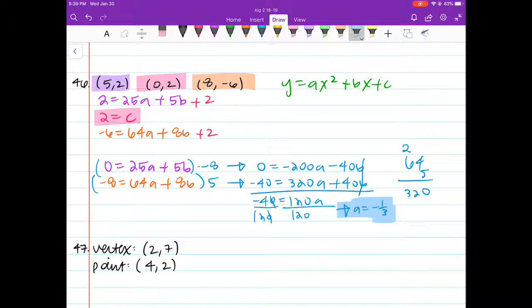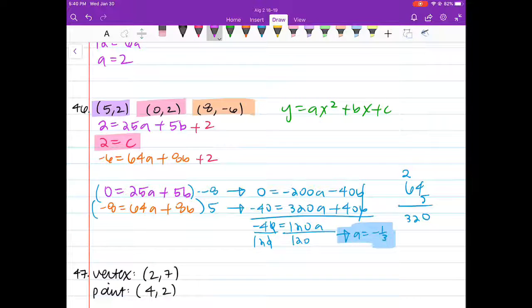We now know 2 of our variables. We have c from the get-go and a from just now. So we'll plug both of those values into one of our original equations to solve for b. So let's do our original purple. 2 equals 25 times negative 1/3. Fantastic. Plus 5b plus 2. So 25 times negative 1/3, I'm going to bet we're going to call that negative 25/3, plus 5b plus 2.